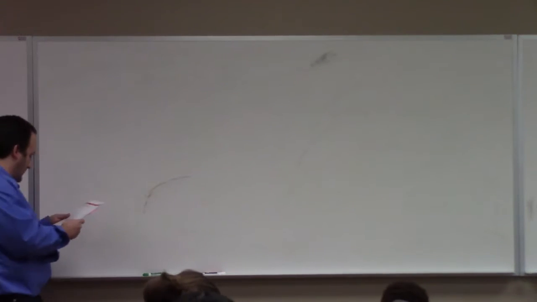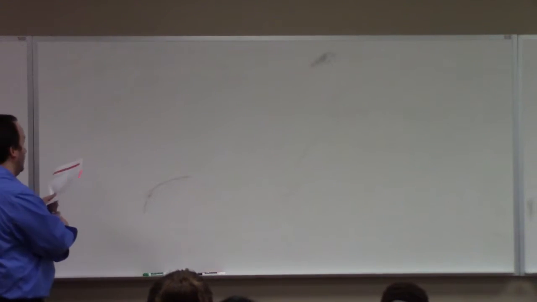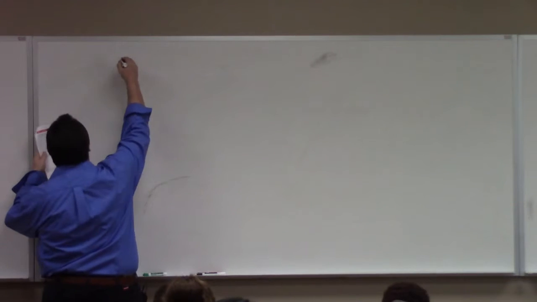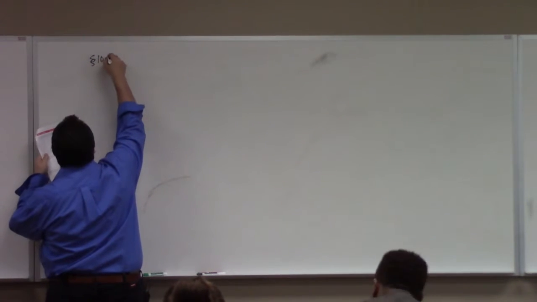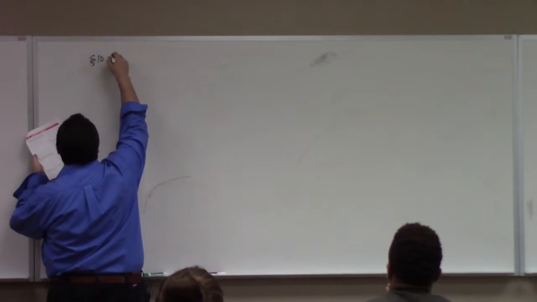10.2, number 30? Well, I'm not going to use a graphing utility in here, I don't think, but if there's a calculus thing in here, I'll try to answer it.